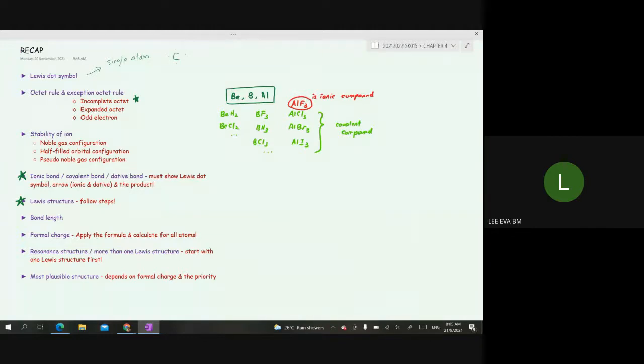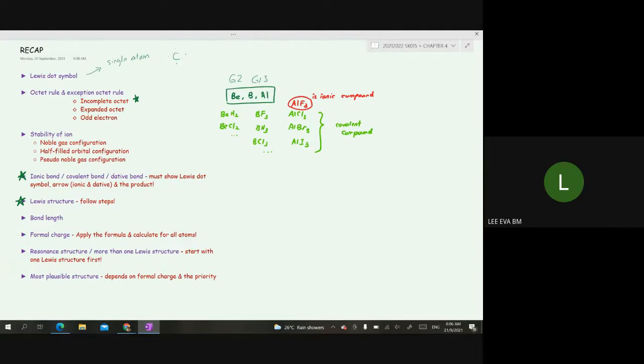From our last lesson, we also looked at the octet rule and the exceptions to the octet rule: incomplete octet, expanded octet, and odd electron octet. For incomplete octet, remember there are only 3 elements: Be, beryllium, B, boron, and aluminium, from group 2 and group 13. Madam already gave this in your previous slide on the exception rules.